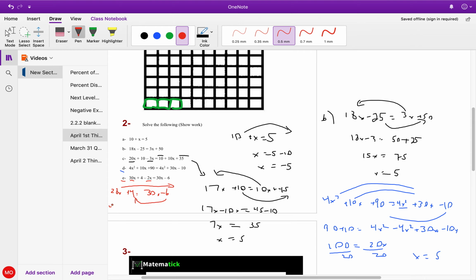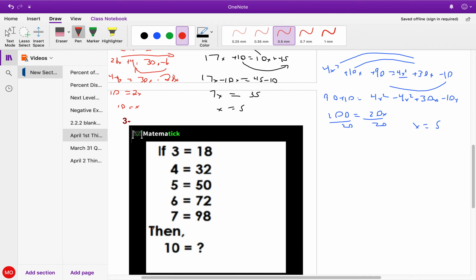It's going to be 4 plus 6 equals 30x minus 28x, which equals 10 and 2x. Divide by 2, x equals 5. There we go.